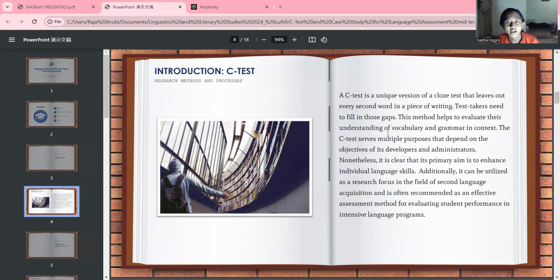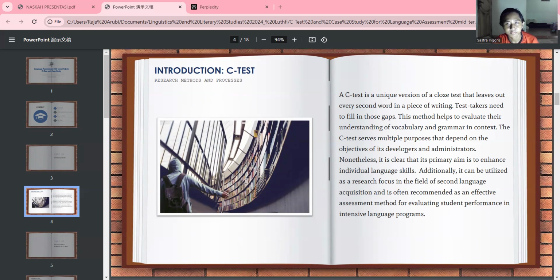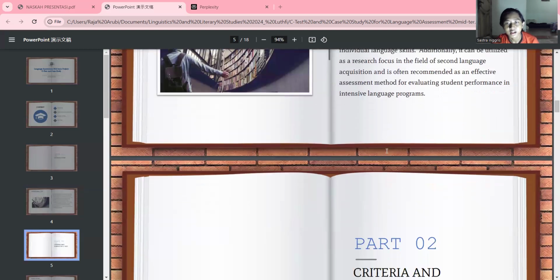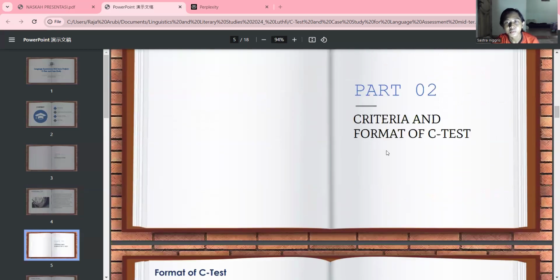In simple words, C-test serves as a written language assessment that measures personal language proficiency. This method helps to evaluate the understanding of vocabulary and grammar in context. Okay, next we move into the criteria and format of C-test.